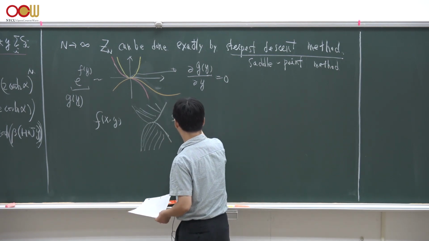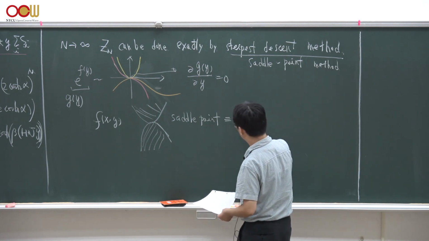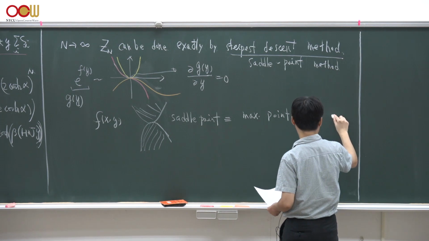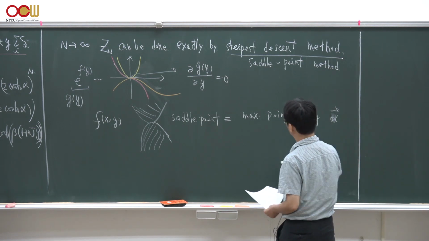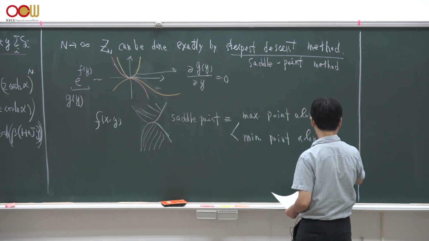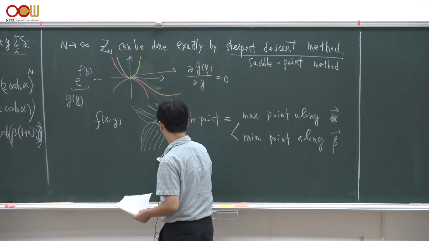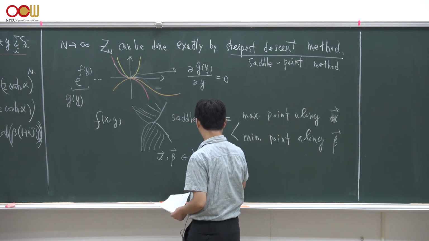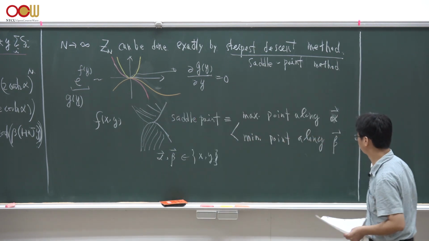A saddle point is defined as a maximum along one direction, say alpha, but a minimum along another direction, beta, where alpha and beta are actually vectors in this multidimensional manifold. All right?